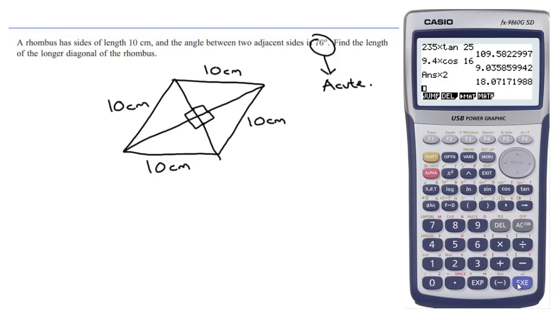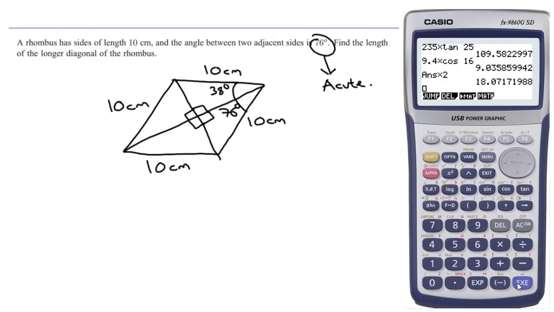It would be a rectangle or a square. So the 76 must be here, 76 degrees. And if you consider what's going on with those diagonals, I'm actually bisecting that. So each little angle is going to be 38 degrees, half of 76.